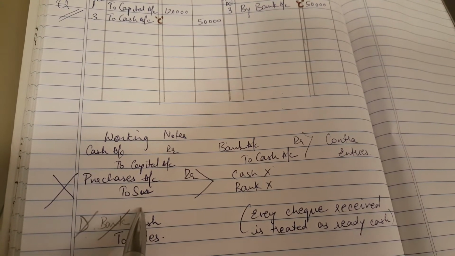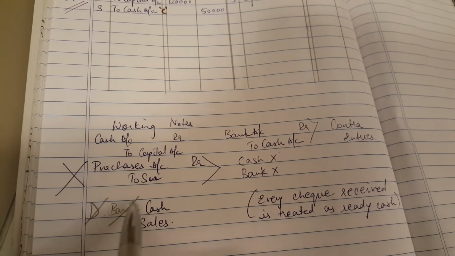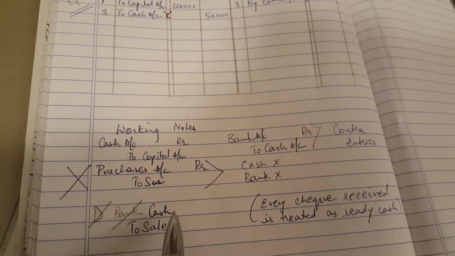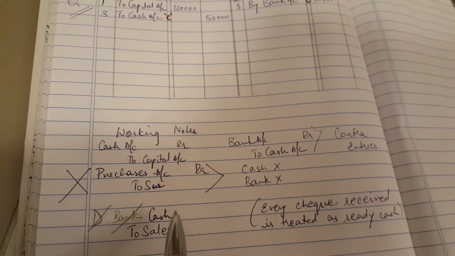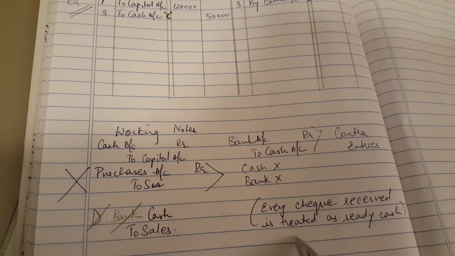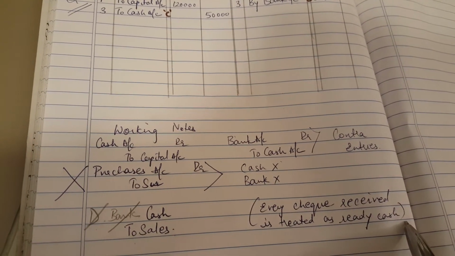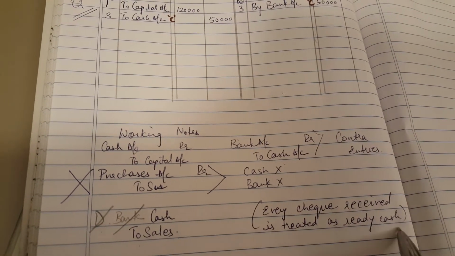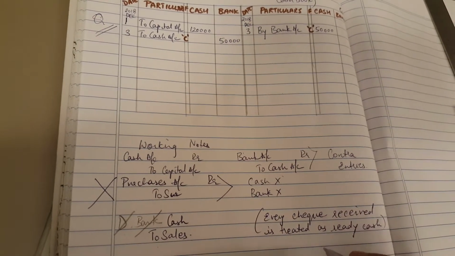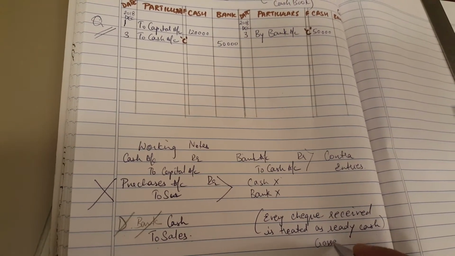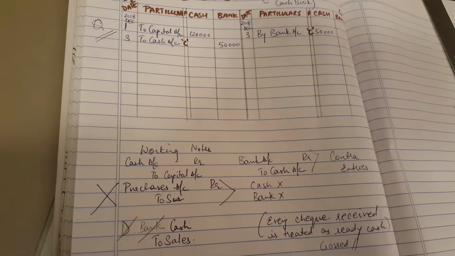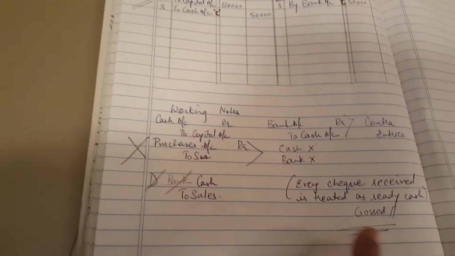So you say when it is a check, it should be bank, but again, bank becomes immaterial here. It has to be cash. Reason being, every check received is treated as ready cash. Please remember this always, unless it is a crossed check.